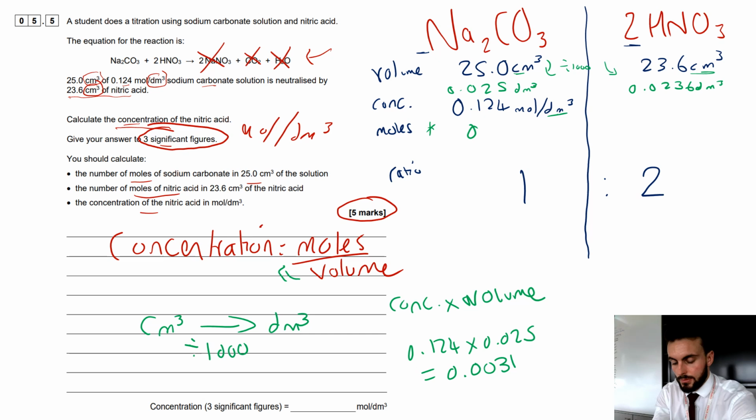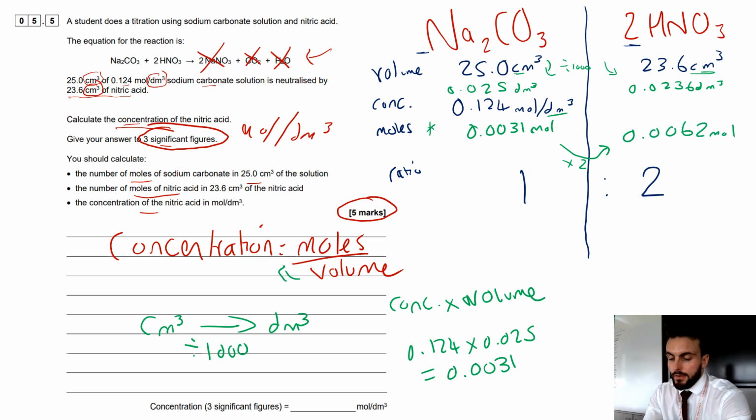That's our moles. Then I'm going to work out the change. For every 1 mole of sodium carbonate I've got, I'm going to need double that for the nitric acid, so I'm just going to times that mole number by 2. So it's 0.0062 moles.